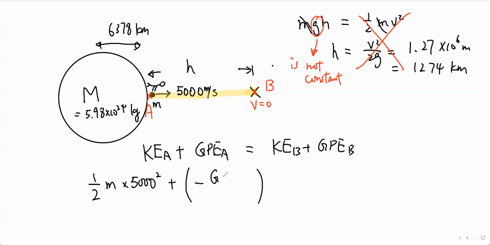Okay, I introduce another quantity, which is quite dumb. Small m is the mass of the stone. Now, you can cancel it out in this formula. So it's negative GMm over r. Now this r is the distance from the object to the center of the Earth. So it's 6378 times 10 to the power 3.